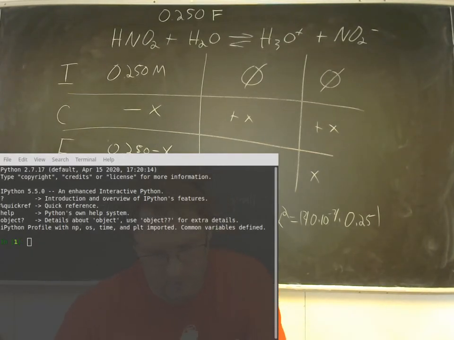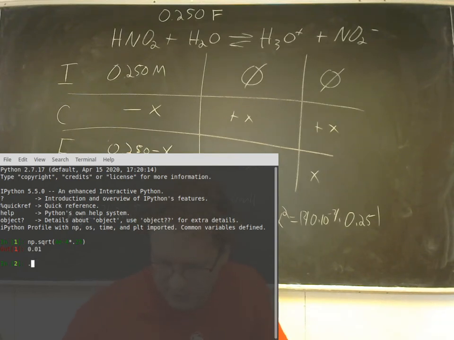Ultimately we're going to take the square root then of that product. The square root of 4e negative 4 times 0.25, and we get 0.01. Now, is that small enough?